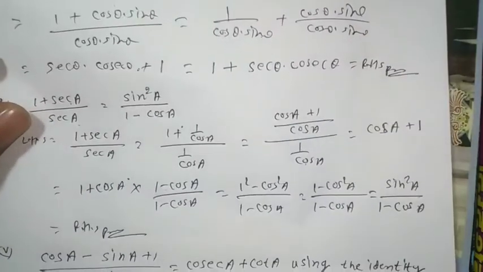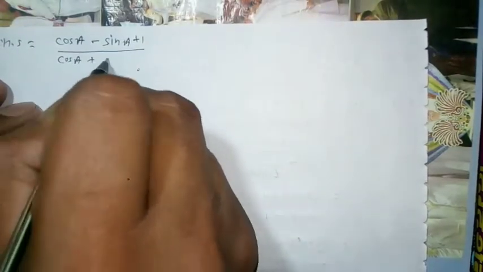Now first, LHS is equal to cos a minus sin a plus 1 by cos a plus sin a minus 1. Now I am dividing numerator and denominator by sin a.